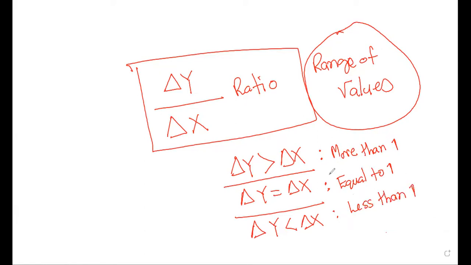So when we analyze a ratio, এই তিনটা লজিক্যাল আর্গুমেন্ট ছাড়া আর কোনো আর্গুমেন্ট নাই। ওকে, so there are three possibilities.